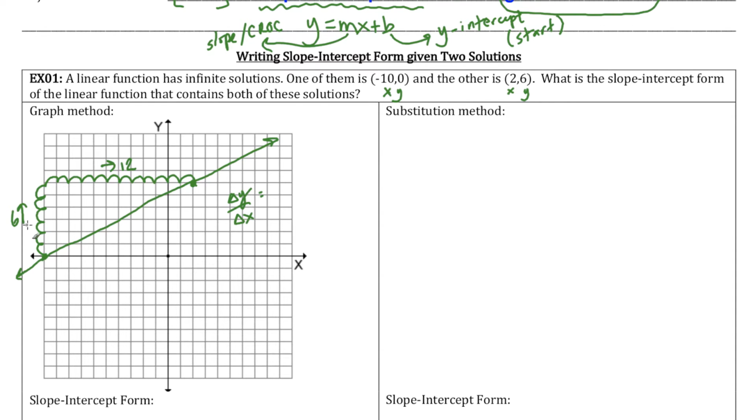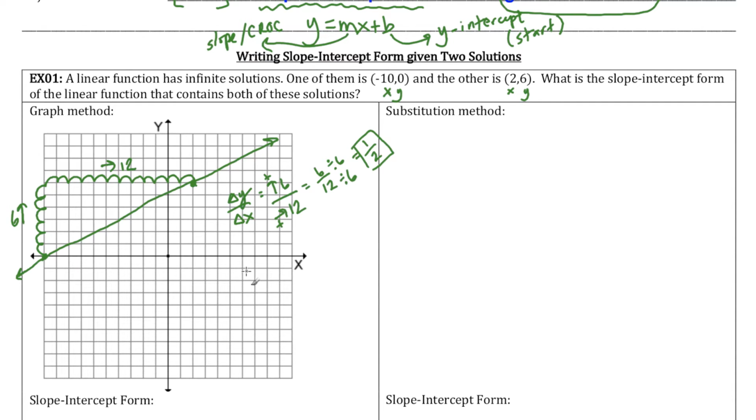My y value increases by up 6, and then my change in x is right 12. That is a positive over a positive, which is a positive. 6 over 12. Then we can divide by 6, and we get 1 over 2.